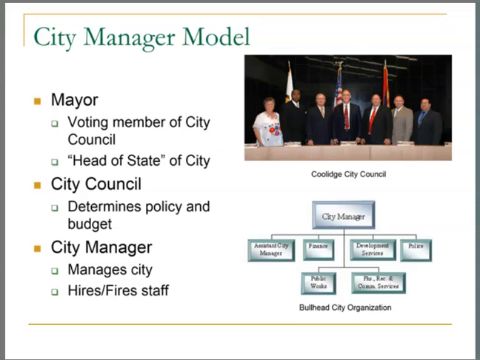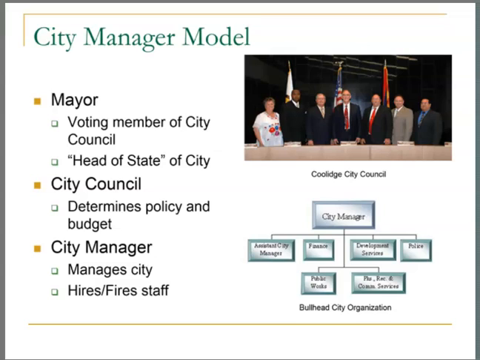The mayor in these towns functions more as a head of state. He or she is the public face of the city and advocates for the city to attract business, attract tourists, give speeches at public events. But the day-to-day running of the city, the chief executive functions, is taken by a city manager.